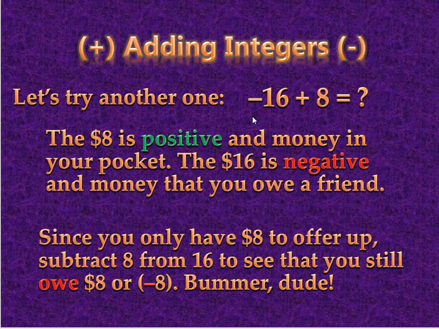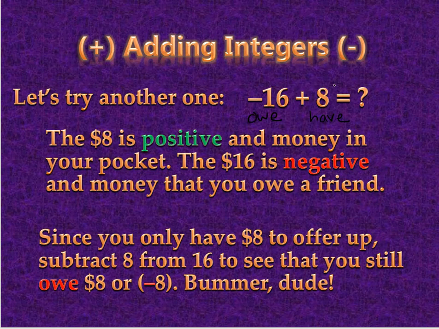Okay, let's go ahead and try another one. In this one, we have a -16, so the 16 is a negative integer, and we have a positive 8. Remember, the 8 is like having money, so you have 8, and the negative integer, that is owing money. So if you owe $16 and you have 8, when you look at this, I want you to first decide if when you combine these, you're going to have or you're going to owe.